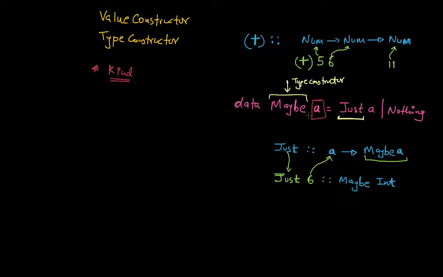Now, in some sense, the type for the value constructor guided me, or at least gave me some direction as to what I can pass in for an a and what kind of values I can get back. Likewise, what I really need is a type for a type, a type of a type that would give me some idea as to what parameters can be fed into this type constructor.